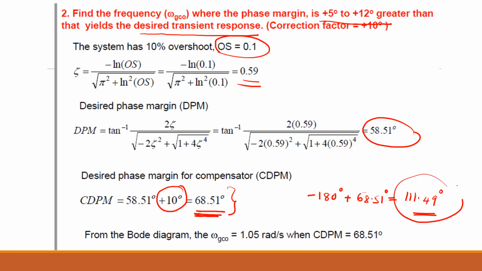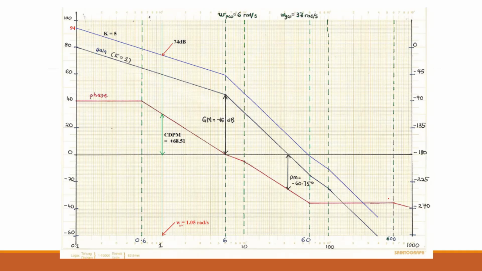So this is the location of the phase margin. It is somewhere here, because this is the phase of minus 45 degrees, so minus 111.49 is somewhere here. This is to yield 68.51 degrees. So it is here, and the gain crossover frequency is at 1.05 radian per second.